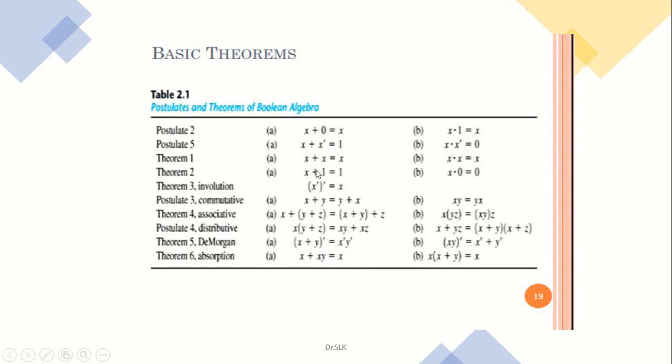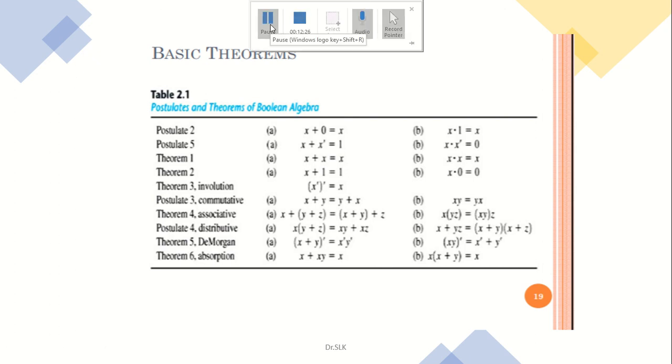That is how to get the duality from this column to this column: in this column, instead of the positive signs you make multiplications, and instead of zeros you make ones. But the parentheses should not be changed as per the duality principle. And with this we close part 2.